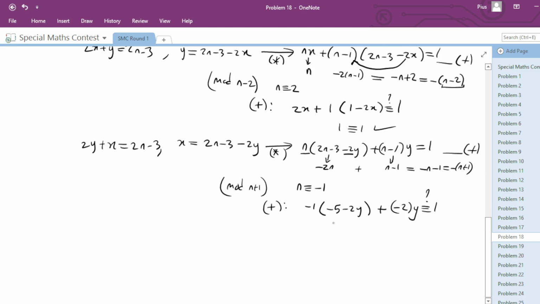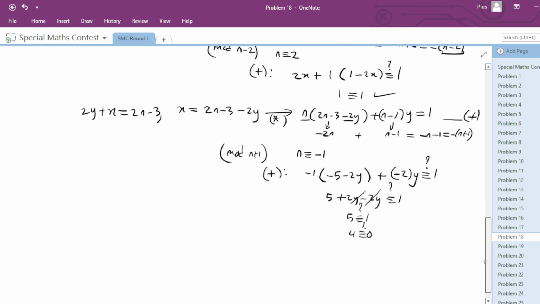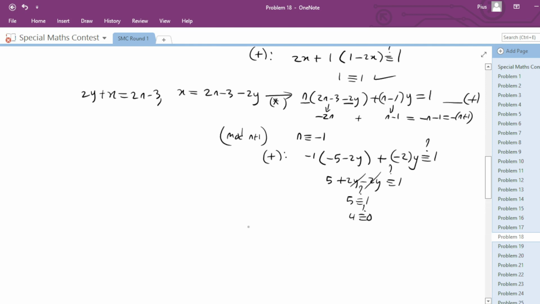So this means we have 5 here plus 2y minus 2y is congruent to 1. So 5 has to be congruent to 1, meaning 4 will be congruent to 0. So this doesn't mean it fails. It just means that the condition for this to work is that n plus 1 will have to divide 4.